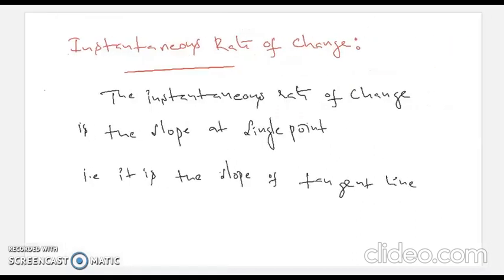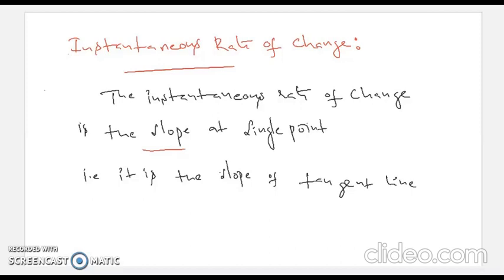Coming to the next definition, instantaneous rate of change. What is the instantaneous rate of change? The instantaneous rate of change, or instant rate of change, is the slope at a single point.